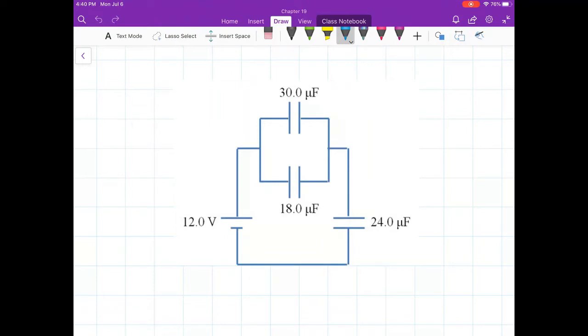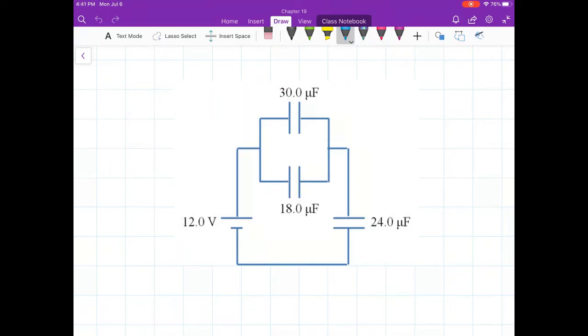You put them in series, you get something smaller than the smallest capacitor you started with. You combine series and parallel, you can get some intermediate value. So that's the logic of why you would have these combinations of capacitors.